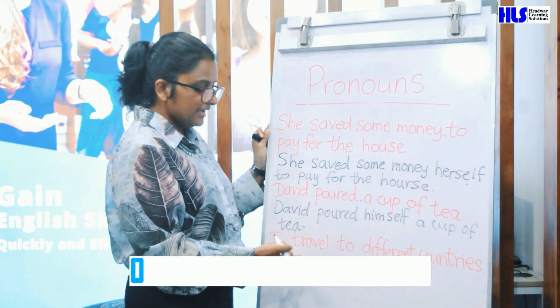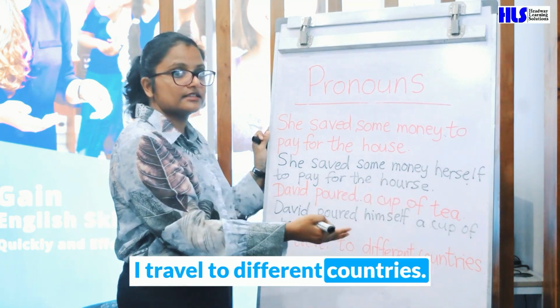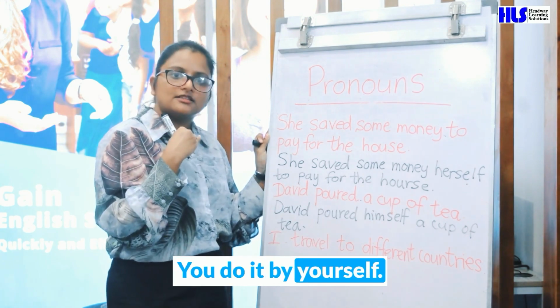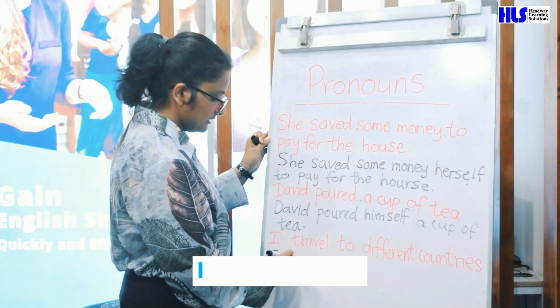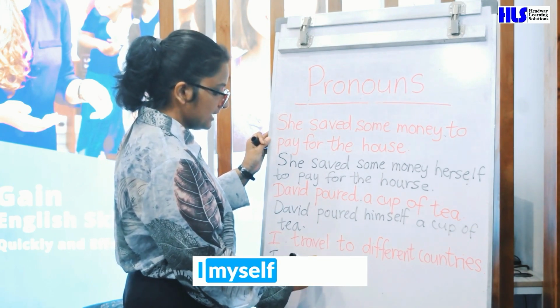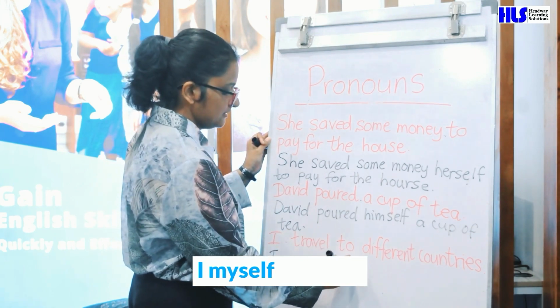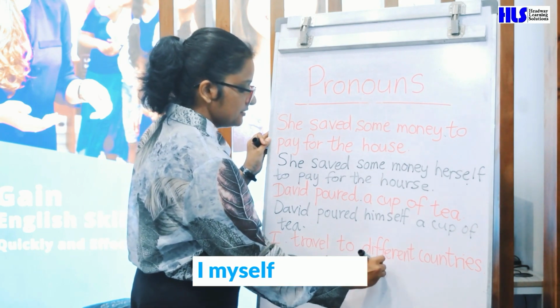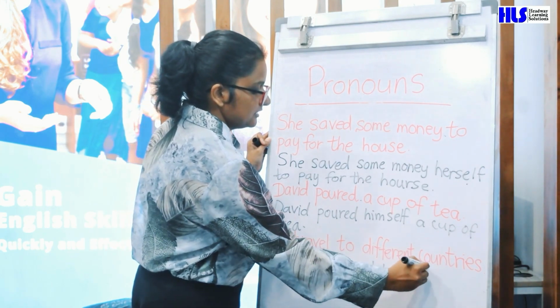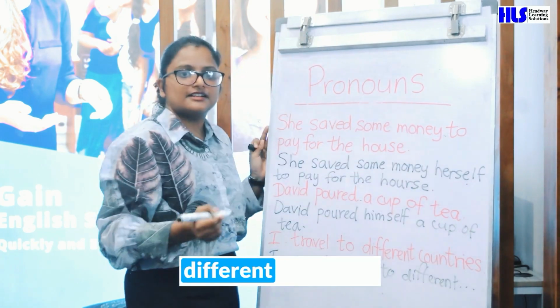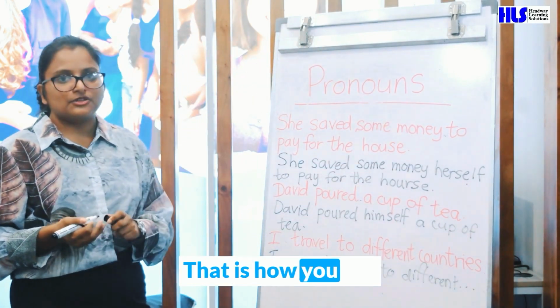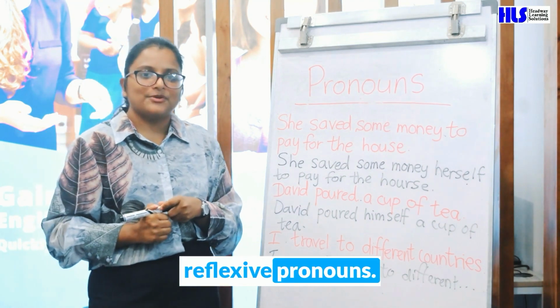Third one. I travel to different countries. You do it by yourself. How to say it? I myself travel to different countries. That is how you use reflexive pronouns.